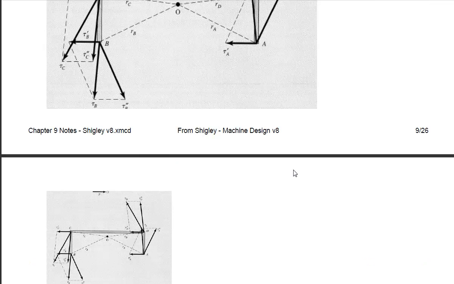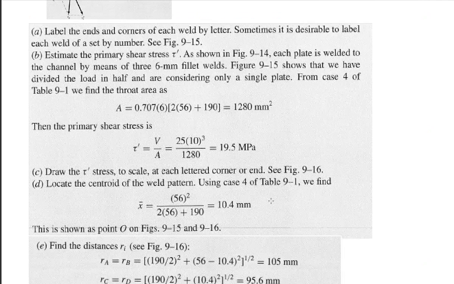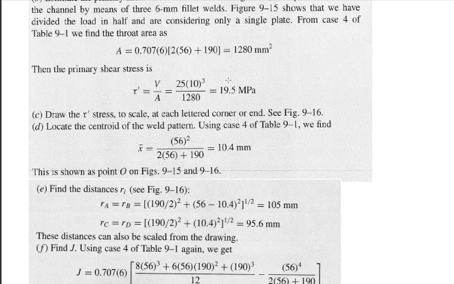Let's look at exactly how they put the equation together, and then we'll be able to tell what their reference was. 56 squared over 2 times 56 plus 190.